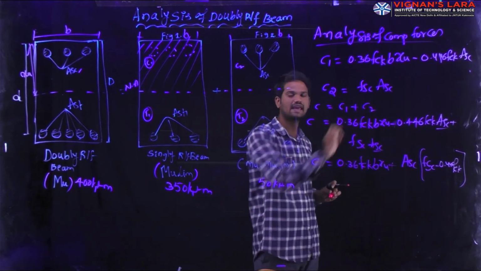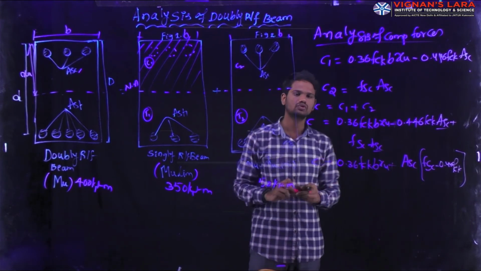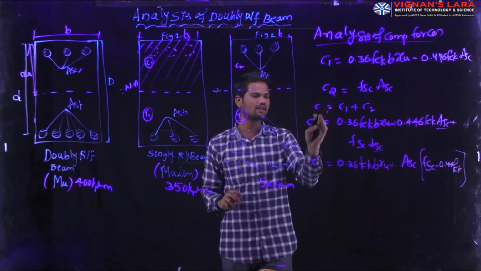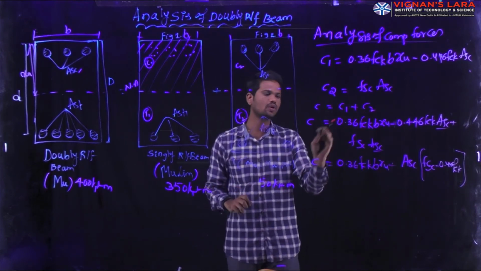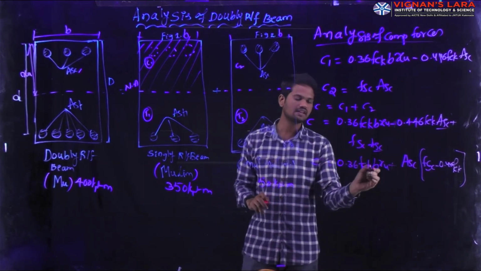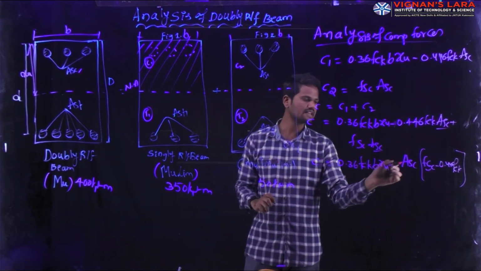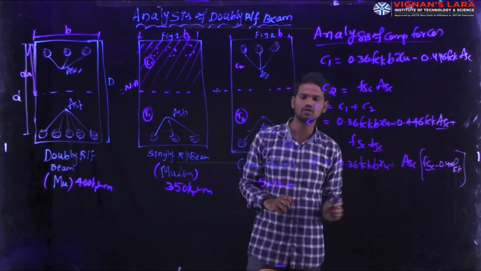And ASC is the area of the steel reinforcement in the compression zone. By adding all the compressive forces C1 plus C2, we get the total compressive force as 0.36 into FCK into B XU plus ASC into FSC minus 0.446 into FCK.